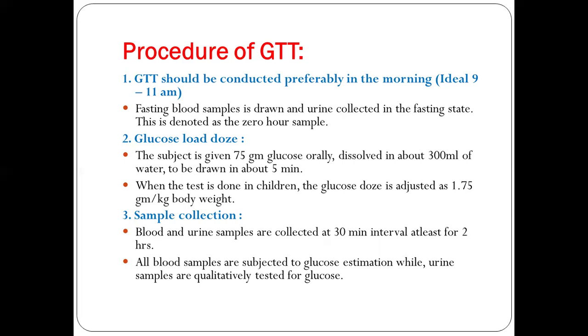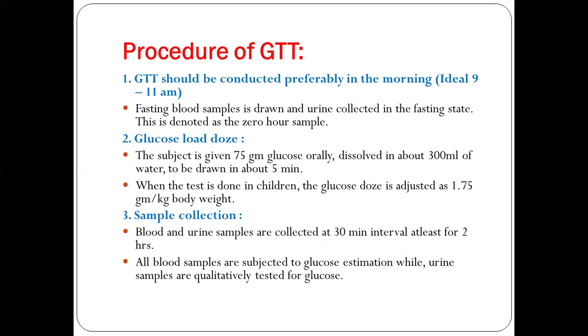And coming to the sample collection, the first sample is the 0-hour sample. Then blood and urine should be collected at 30 minutes interval. Once you give the glucose load to the patient, every 30 minutes till 2 hours, we have to take a blood sample and urine sample.